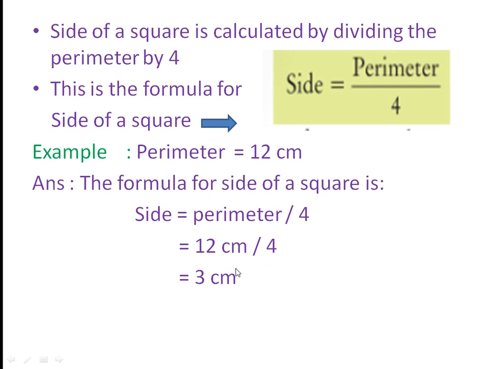Children, you all know how to divide 12 by 4. 4 threes are 12. 3 is our quotient, and 3 centimeters is the answer. The side of the square is 3 centimeters. This is one small example on the side of a square. Okay.